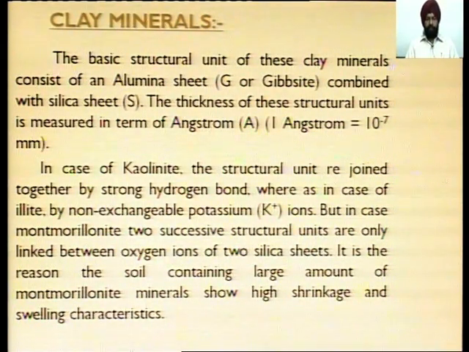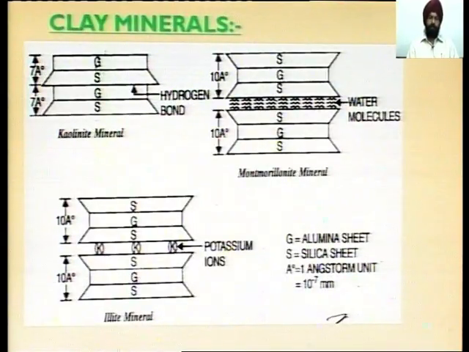In case of kaolinite, the structural units are joined together by strong hydrogen bond, whereas in case of illite, it is shown in this figure.